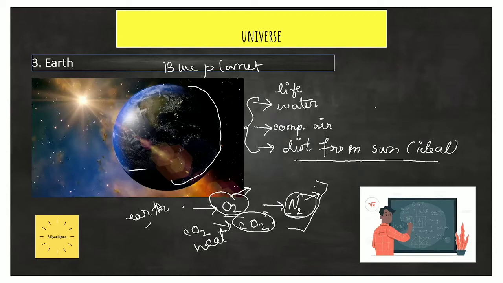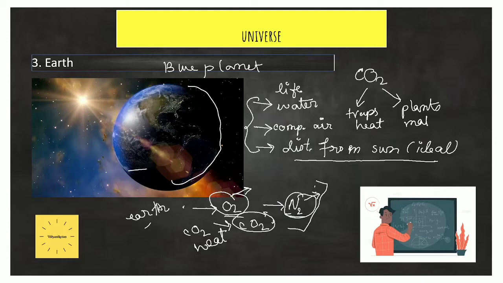And here CO2 has two uses. It traps heat, that we have learned firstly. It traps the exact amount of heat required, and it also helps plants to make food, because plants require CO2 for photosynthesis.